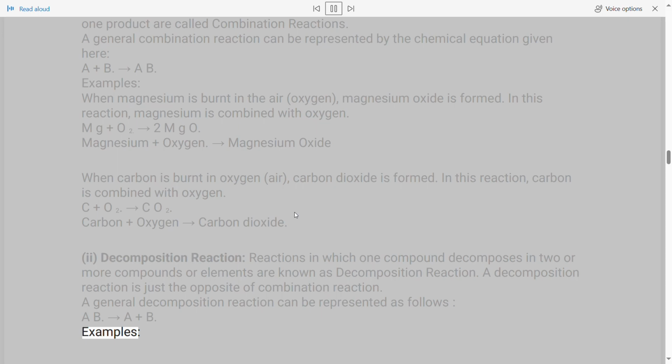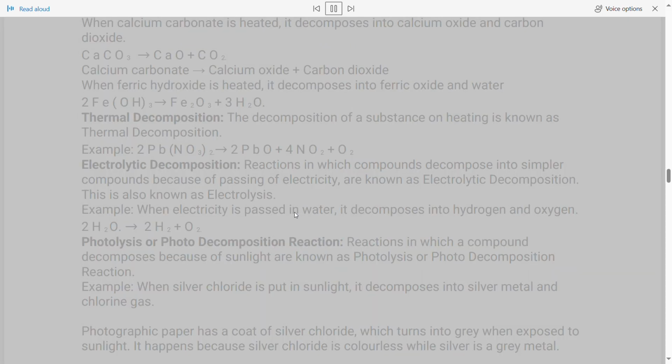Examples: when calcium carbonate is heated, it decomposes into calcium oxide and carbon dioxide. CaCO3 → CaO + CO2. Calcium carbonate gives calcium oxide plus carbon dioxide.